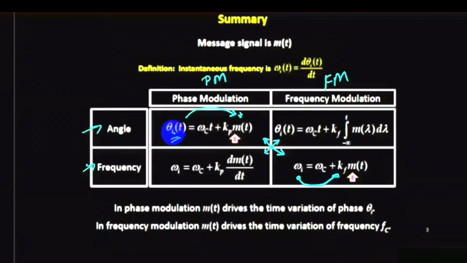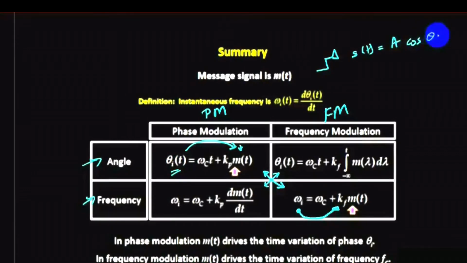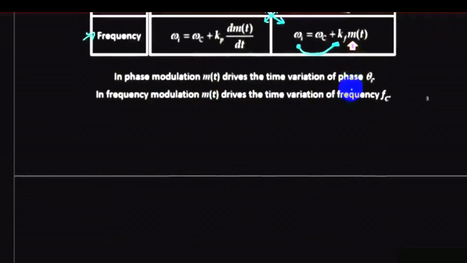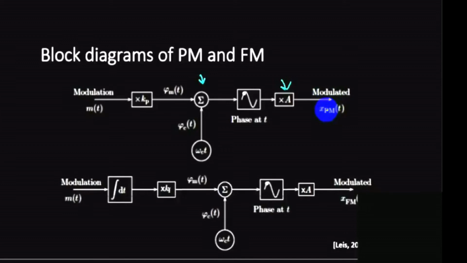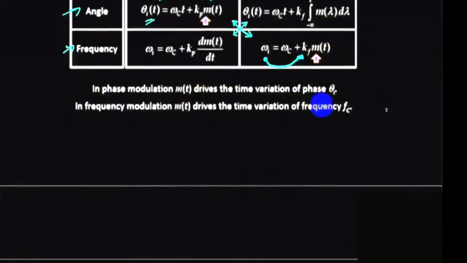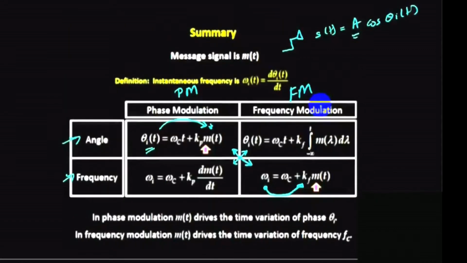Remember, when we send a signal through an antenna, we are sending a cos theta i of t. So that means that we are again multiplying with a gain of A, and then we have a modulated signal, that is phase modulated signal. Similarly, when we are sending an FM signal, frequency modulated signal, we start with the message signal m of t and then pass it through an integral.